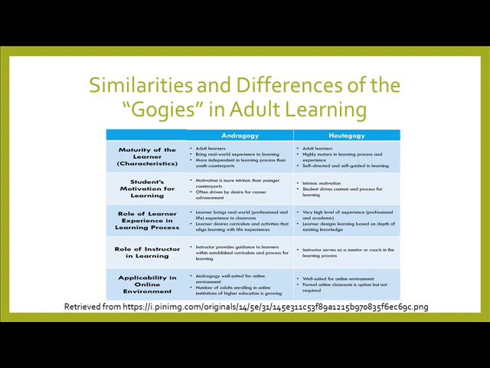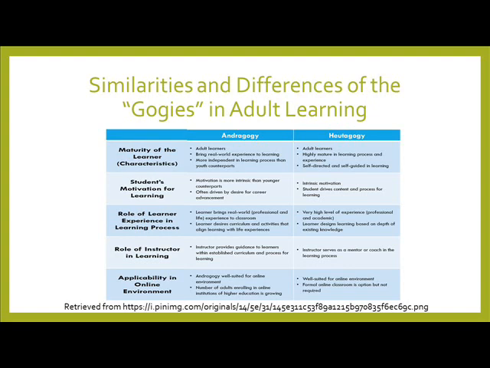In andragogy, learners are generally motivated by the desire for career advancement, and in heutagogy, learners drive the content and process for learning. In andragogy, instructors guide learners within the learning process and established curriculum.